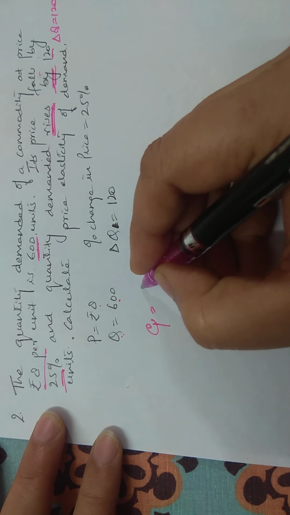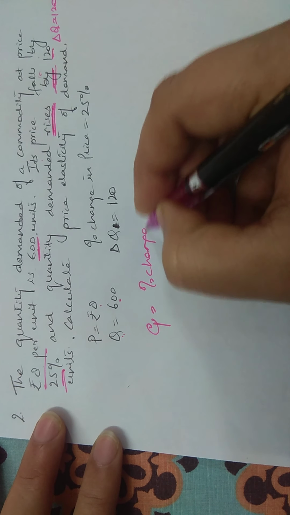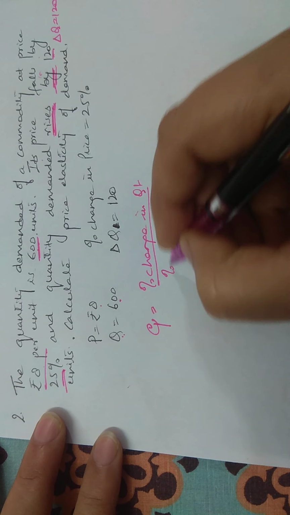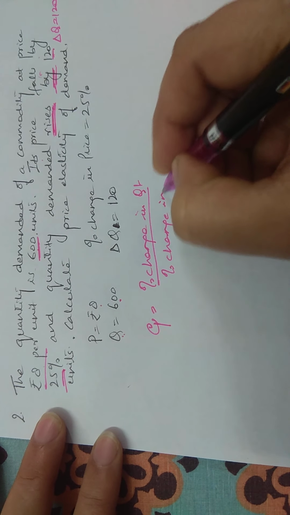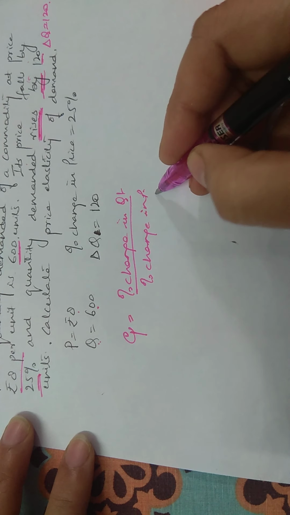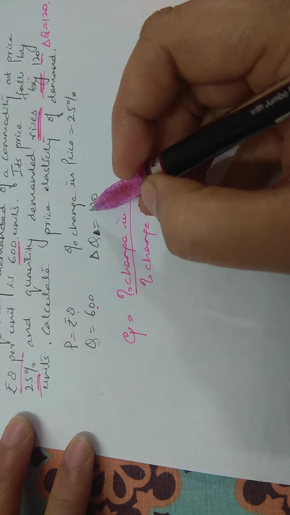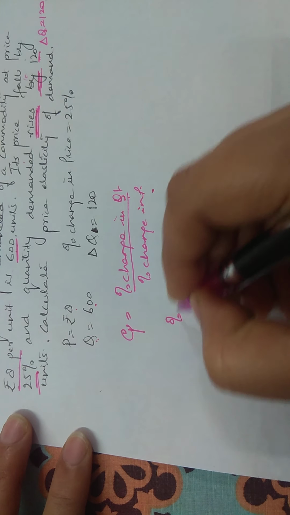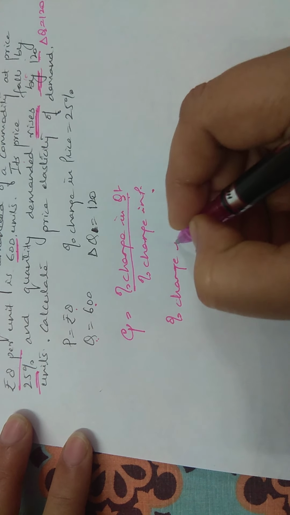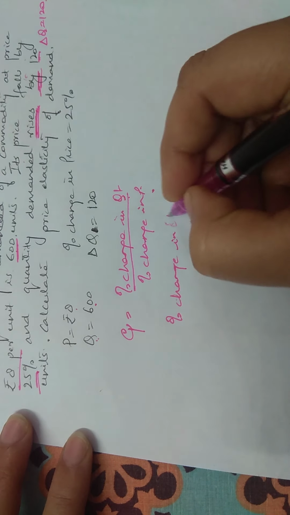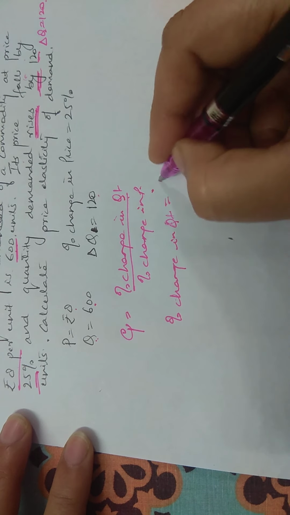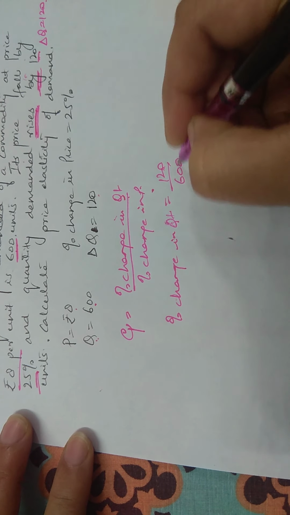Elasticity of demand is calculated by percentage change in quantity demanded upon percentage change in price. The percentage change in price is known to us, that is 25%. You have to calculate percentage change in quantity. So percentage change in quantity demanded is equal to change 120 upon 600 into 100.